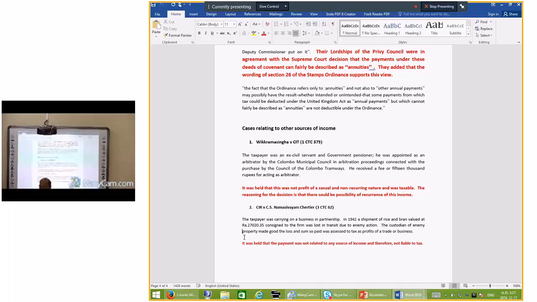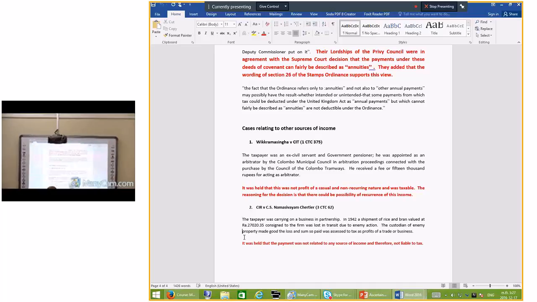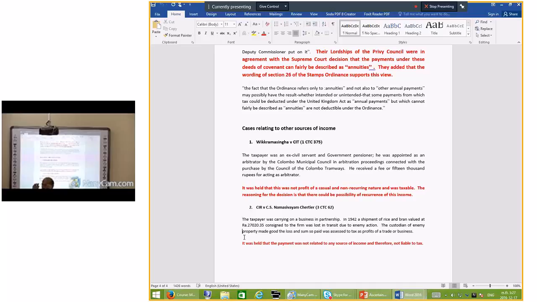Say if some business insured their existing stock against fire, they are regularly paying insurance, and that is a deductible expenditure for the purpose of ascertaining the profit from trade. Insurance is deductible expenditure. Why? It is a business expenditure.